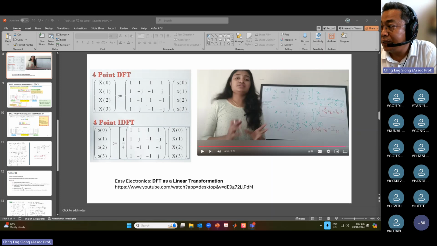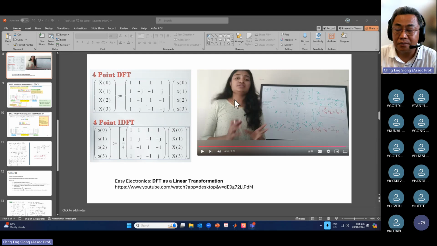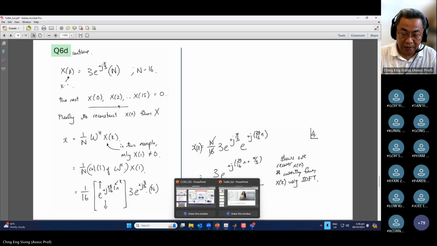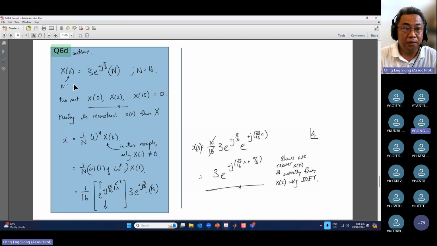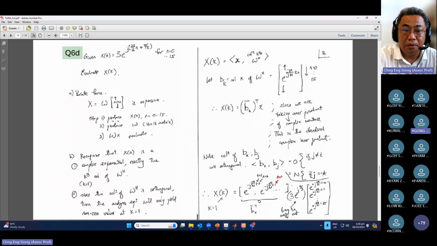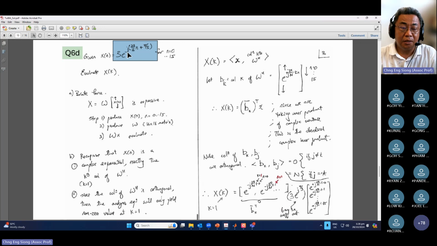Okay, who else? I'm answering all the questions now. For question 6d, why is it that only the first column of X has output? No, it's not the first column of X. In this question, the equation is a complex exponential rotating at 2π/16 times n.